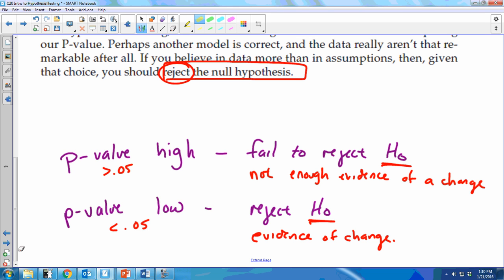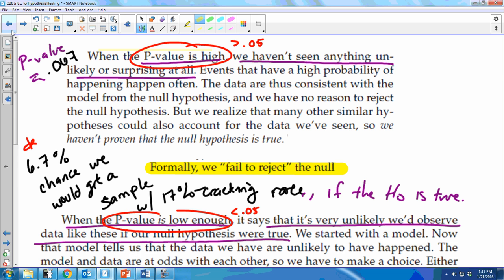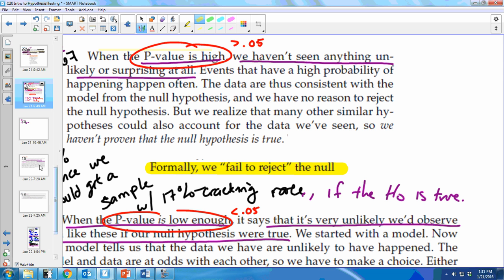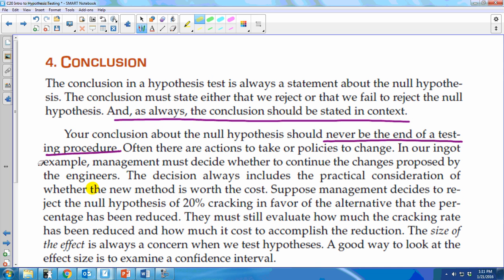So hypotheses, conditions, statement about what you're going to do, mechanics, conclusion. Your conclusion should be in context if possible.